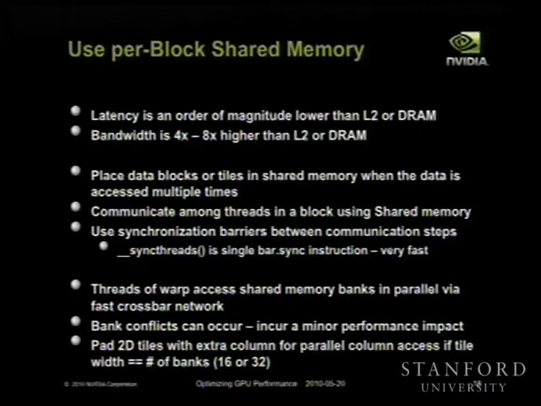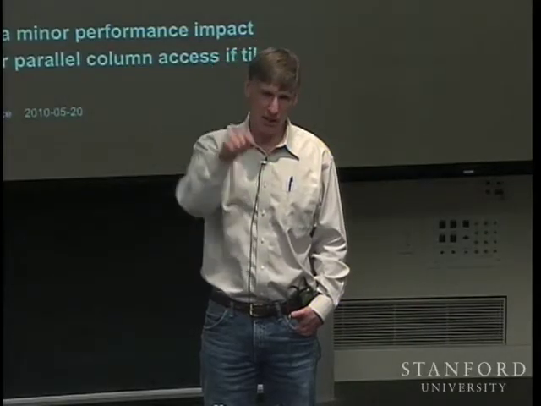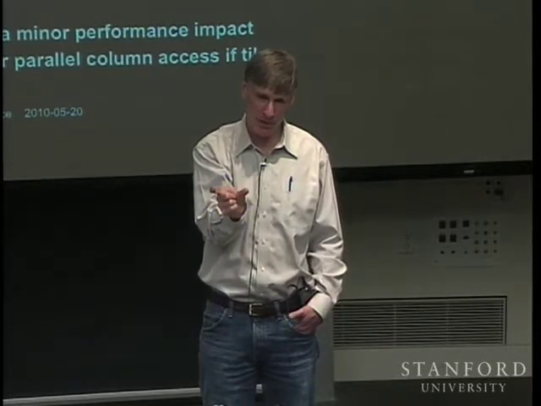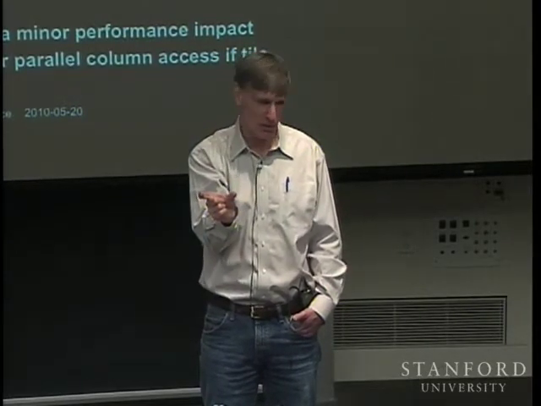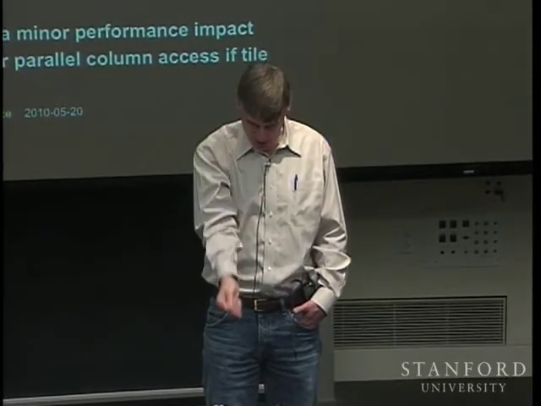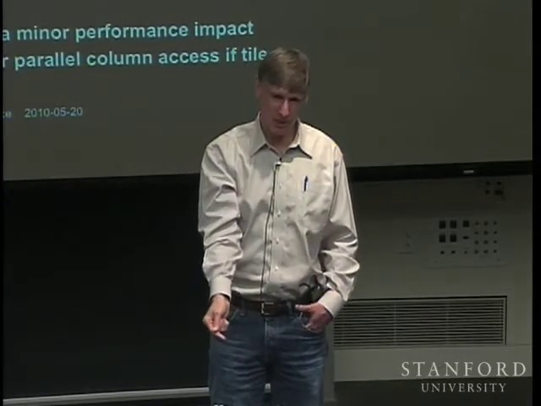A typical one is, let's say I have a two-dimensional tile and I want to transpose it or I want to run down the column. That's one case where if you run down the column of a 2D tile, which is exactly a power of 2 width and matches the bank count of, say, 16 banks or 32 banks, then you're hitting the same bank all the way down, and that's clearly a bad case.